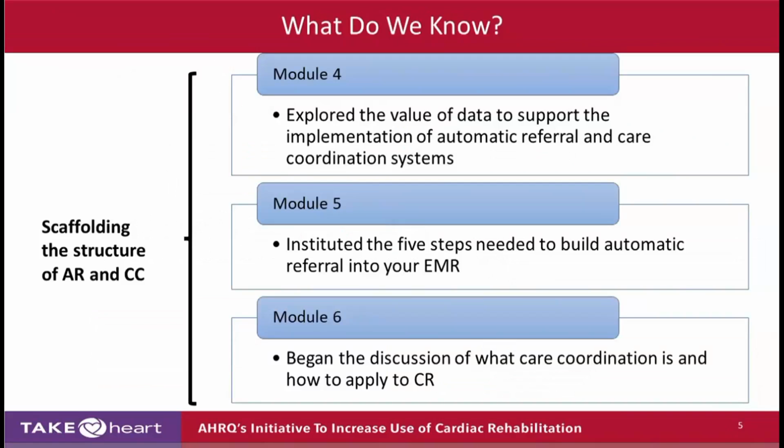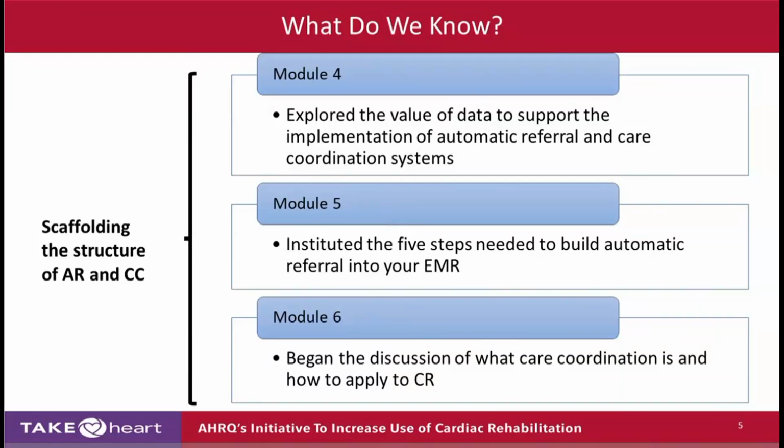All right, good afternoon also to everyone, and we're delighted that you're here and looking to just contextualize. We know we have these sessions once a month, and it's easy to kind of lose track of how everything fits together. But just as a reminder, in Module 4, we talked about the importance of data to supporting both care coordination and automatic referral.